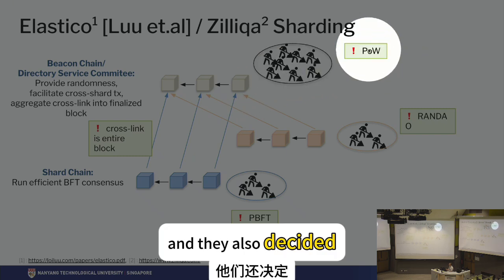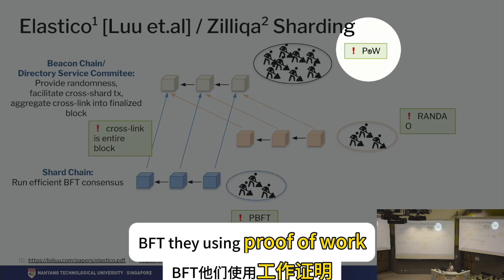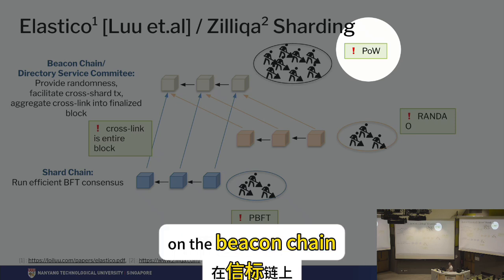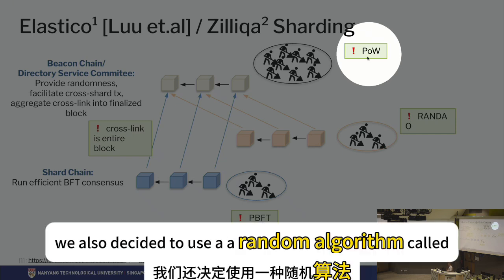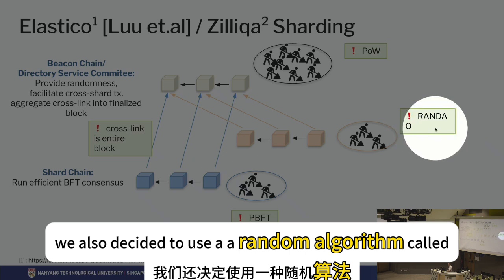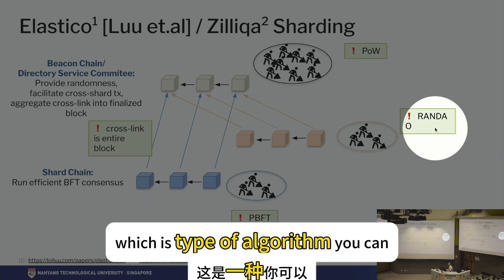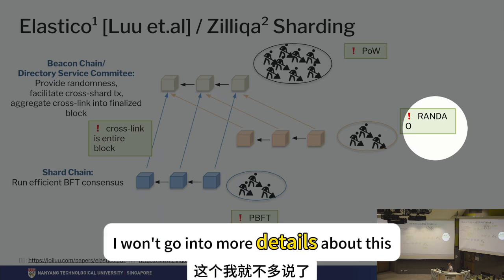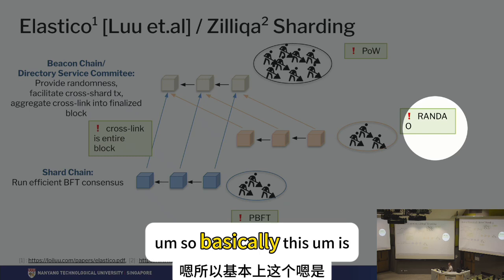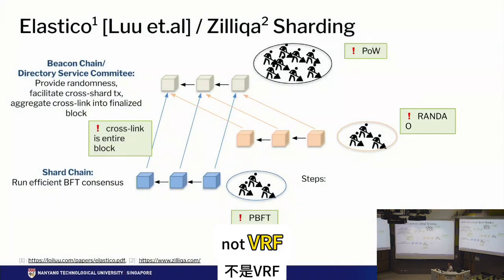And they also decided, other than using BFT, to use proof of work on the beacon chain. And they also decided to use a random algorithm called RANDAO, which is a type of algorithm you can search about. I won't go into more details about this. So basically, this is the one they decided to use, not VRF.